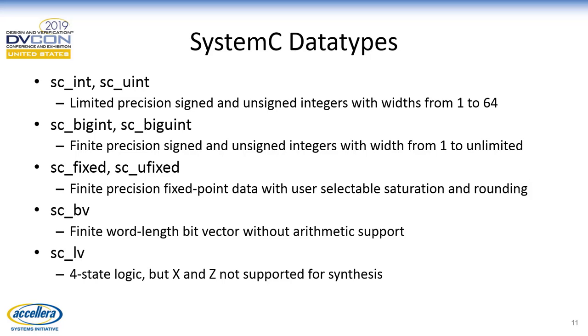There are good purposes in hardware for a 3,000 bit vector, a 3,000 bit variable, and those can be modeled and synthesized. Fixed point, these are for modeling fixed point data, 8 bits to the left of the decimal point and 5 bits to the right of the decimal point, and have saturation and rounding behaviors built in so that you don't have to do shifting and adding to do that kind of math.